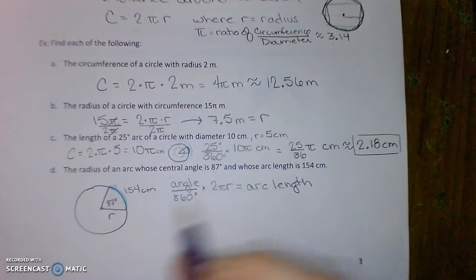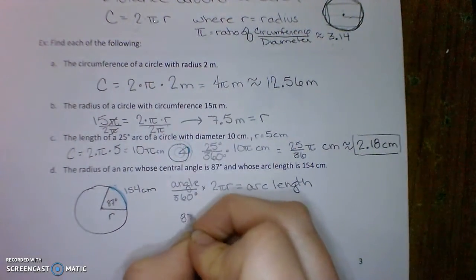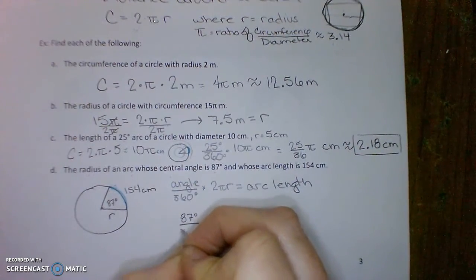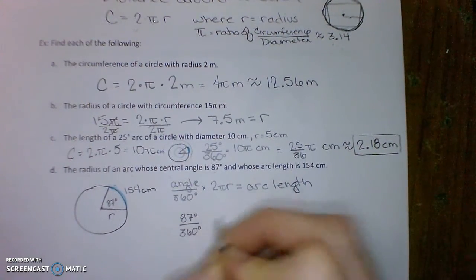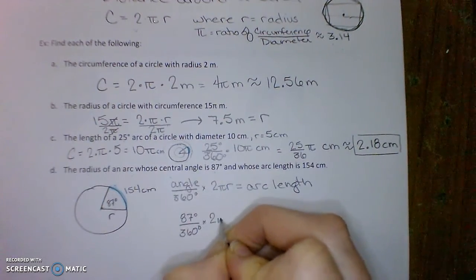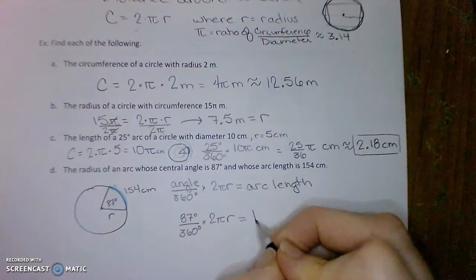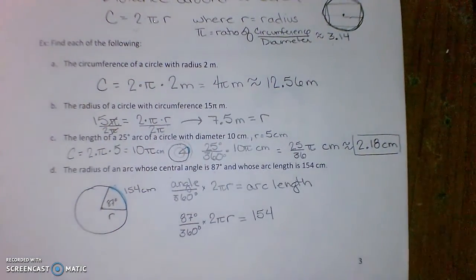So let's fill in the information that I know. The angle measure here is 87 degrees over 360. So that fraction of the circumference, which is 2 times pi times r, where r is my unknown, is equal to the arc length, which is 154 centimeters.